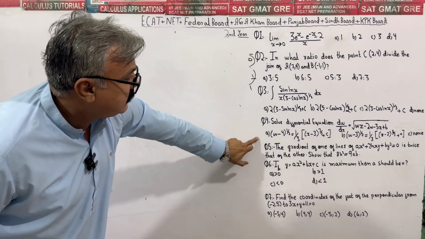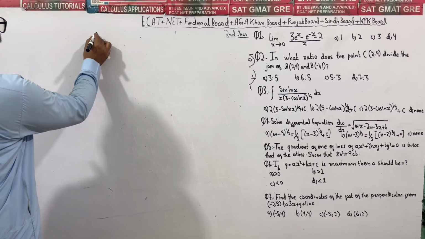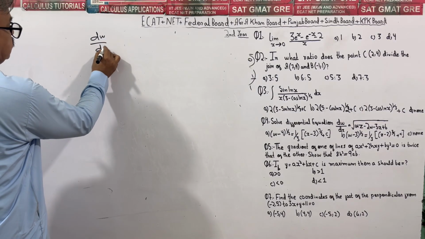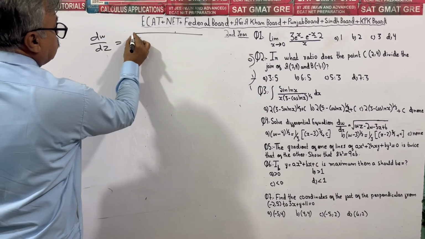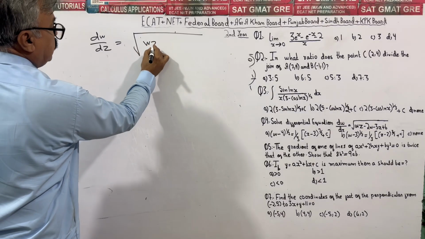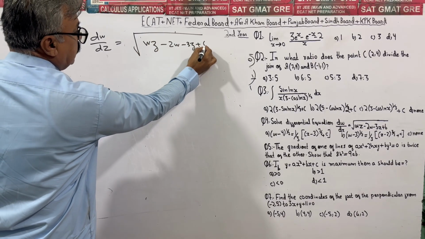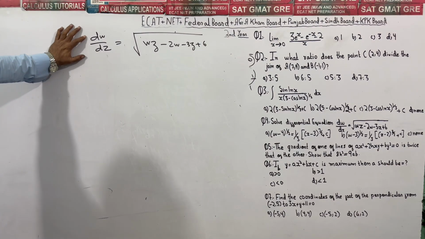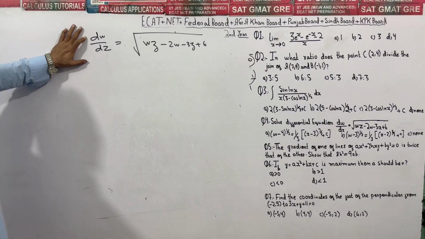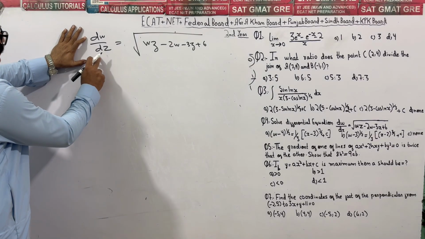Let's see how. This one: dw over dz is equal to root w times z minus 2 times w minus 3z plus 6. We don't need the differential dw in the numerator or dz; dw in the numerator, dz must be in the numerator.